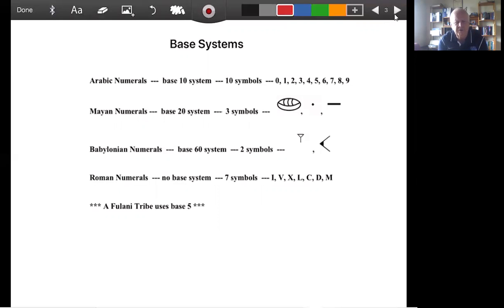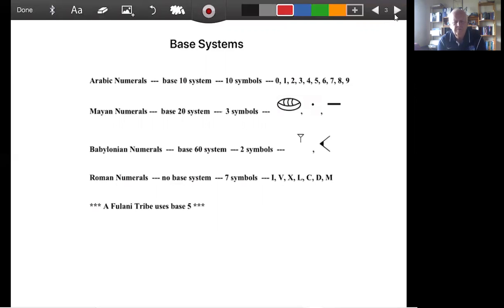A couple of other interesting systems that you might want to do some research and look at. One is the Mayan numeral system. It was a base 20 system. It has 3 symbols: a funny looking football thing which represents 0, a dot, which is an individual unit, 1 unit, and then the horizontal line, which deals in units of 5.